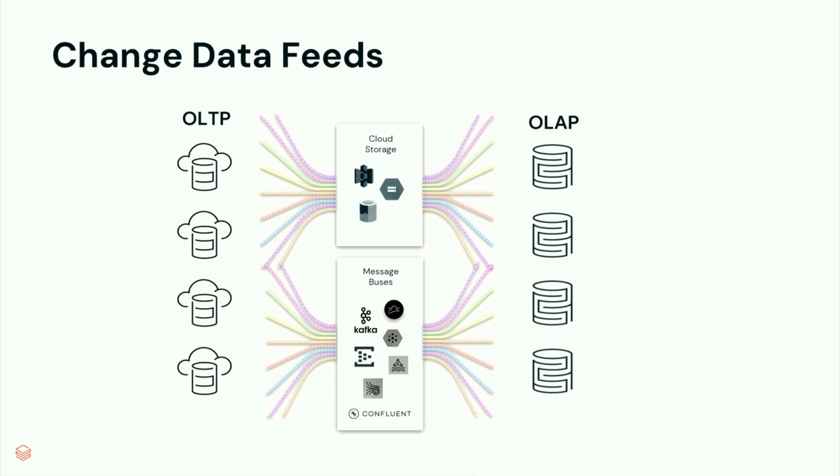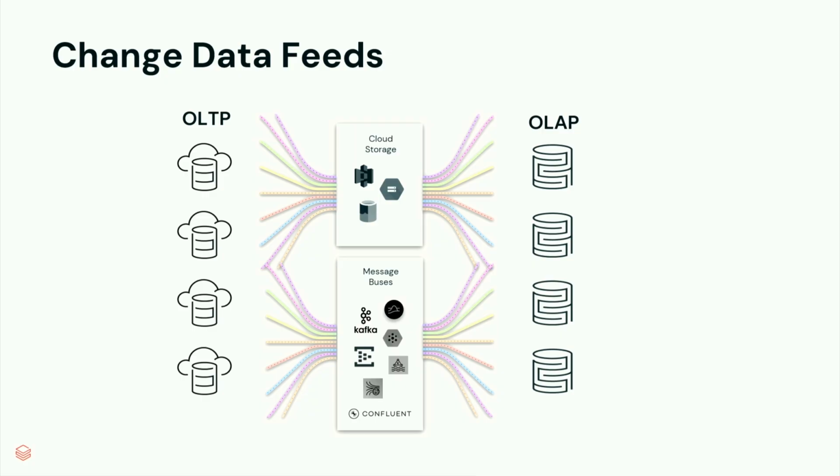One is an extraction process to get the data from the OLTP databases, which is not the focus of this talk. For those of you interested in this space, we have LakeFlow Connect, which includes the extraction piece from these transactional databases. Then typically, once you've done extraction, you either throw them as Parquet files into cloud storage systems, or for more real-time use cases, you stream the change feeds directly into a message bus system like Kafka, Kinesis, PubSub, Azure Event Hub.